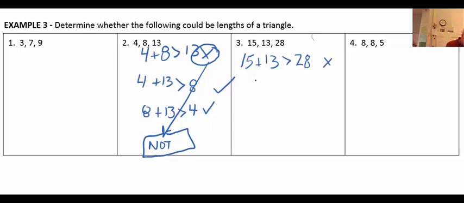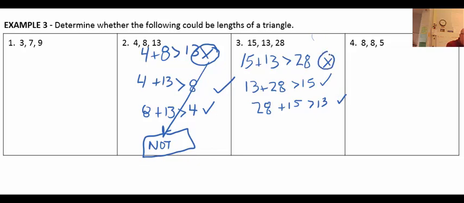But if we check all the other combinations, 13 and 28, is that greater than 15 by itself? Yes, it is. How about we do 28 and 15? Is that greater than 13 by itself? And that's a yes, it is. But again, because we have this one, messed it up for all the rest of us, this is not a triangle.